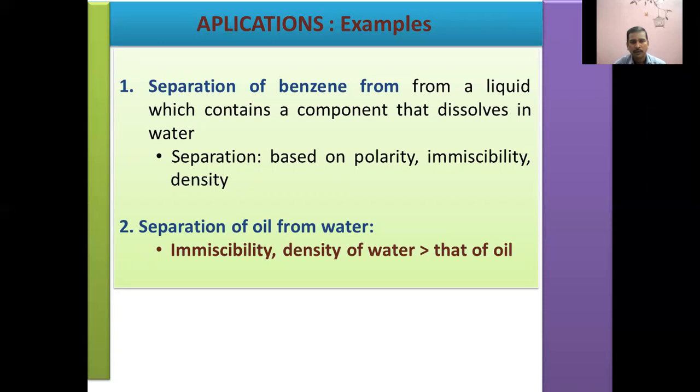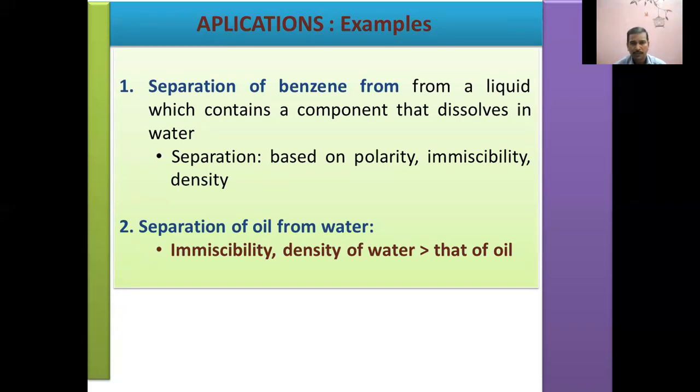Here, the polarity of the liquid present along with the benzene is more. That's why it has shown solubility in water. Here the like dissolves like principle holds good. The aqueous solubility of the other liquid is more when compared to benzene. Benzene is insoluble in water.